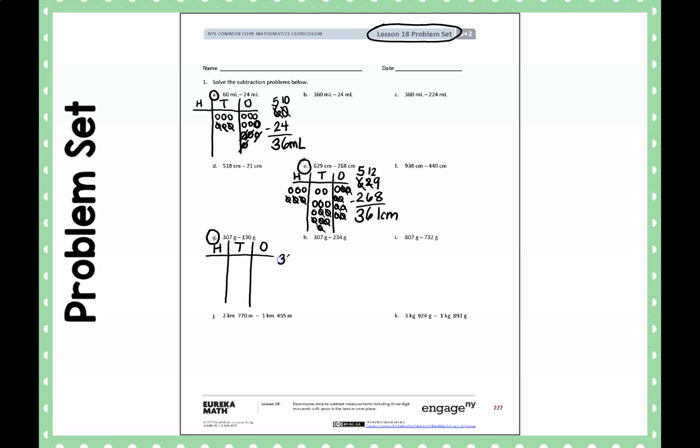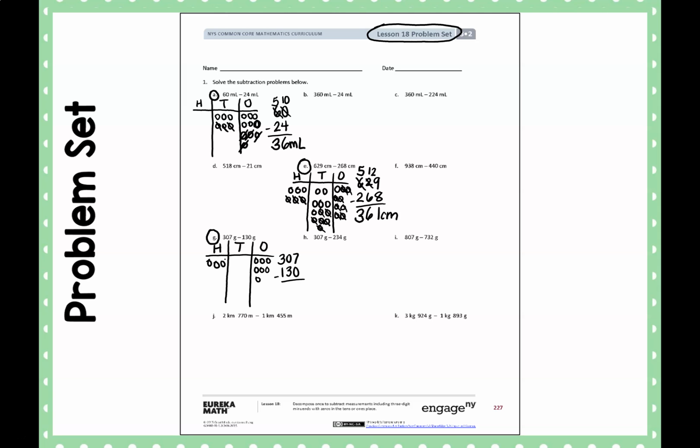Write our standard algorithm. We have 307 minus 130. All right, so let's put 307 into our place value chart. We have 7 ones, 0 tens, and 3 hundreds.